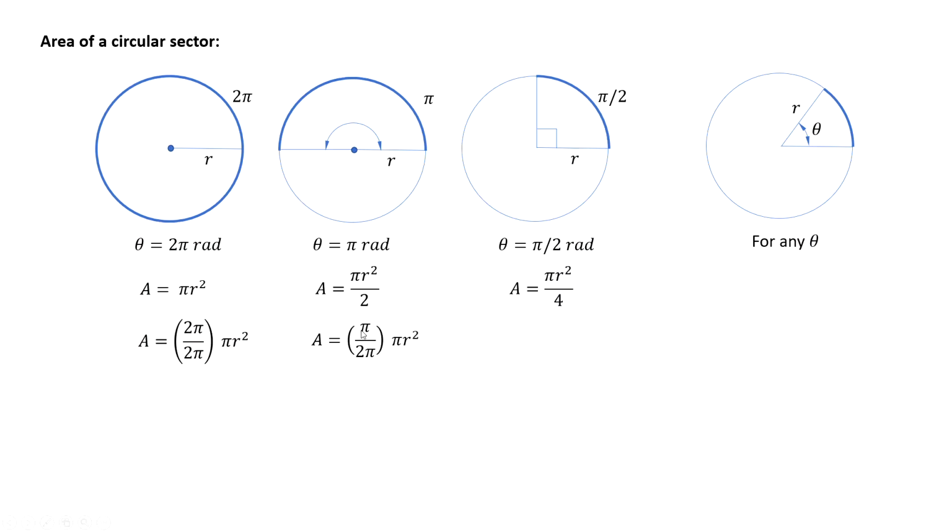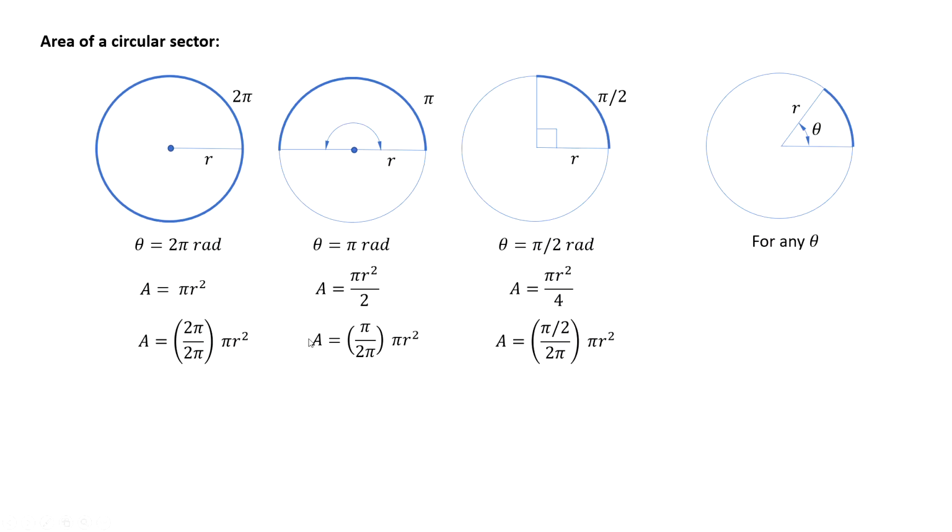Here, can I say pi over 2 pi to get my 1/2? Right? Pi over 2 pi, the pi's cancel and you get 1/2. Okay, how about pi half here? When I do pi half over 2 pi, do I get 1/4?